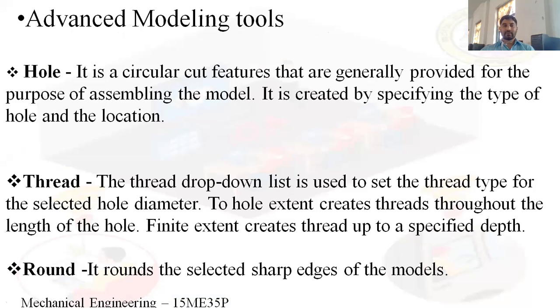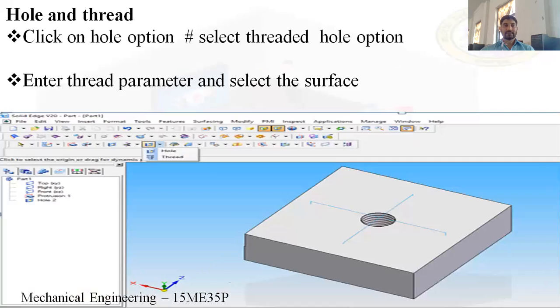In advanced modeling tools, we will discuss hole and thread. Holes are created to assemble two or more components. The hole may be a simple one or a threaded one. The simple hole may be used for oiling purpose, and threaded holes are used for fastening or assembling two or more components. So let us discuss this hole and thread option with a simple example.